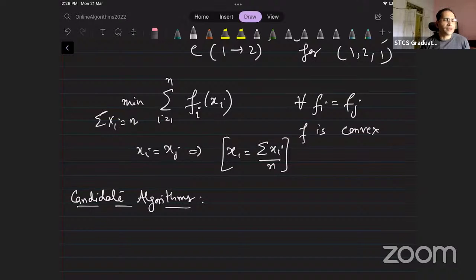Splitting equally, because each of these functions L sub E are potentially different, and your previous allocations could also be unequal. So essentially what you're saying is look at all the paths from Sk to Tk and equally divide dk among all these paths. That is not a good idea, right?